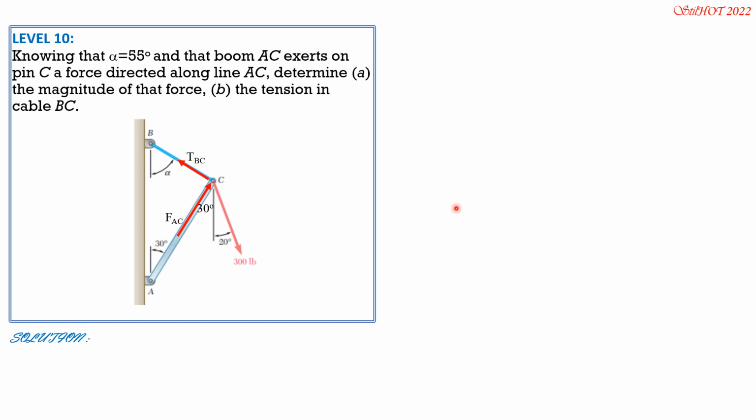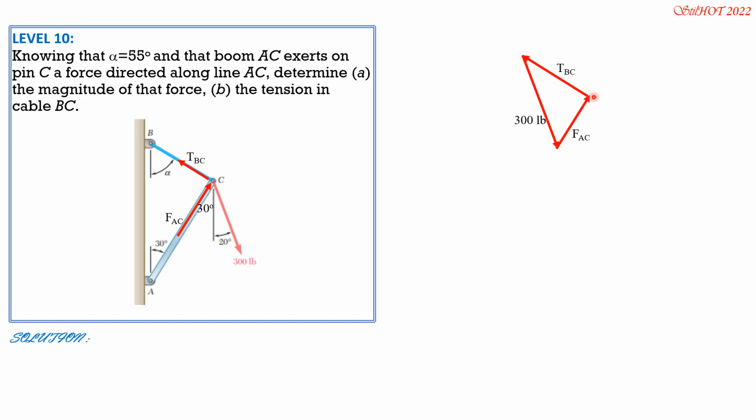So we draw the force triangle this time. First we have 300 pounds, which makes 20 degrees with the vertical. Then let's connect to the tip of the 300 pounds F sub AC, which makes an angle of 30 degrees with the vertical. So 20 plus 30, this angle is 50 degrees.